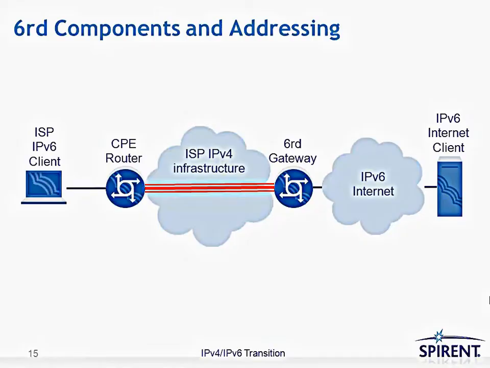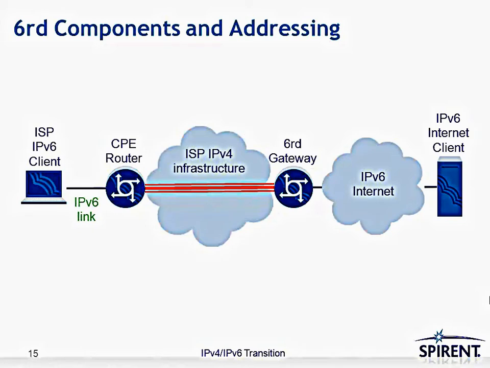6RD components and addressing: you have an ISP IPv6 client, the CPE router, the ISP infrastructure over which an IPv6 and IPv4 tunnel can be created, a 6RD gateway, the IPv6 internet, and the IPv6 internet client.